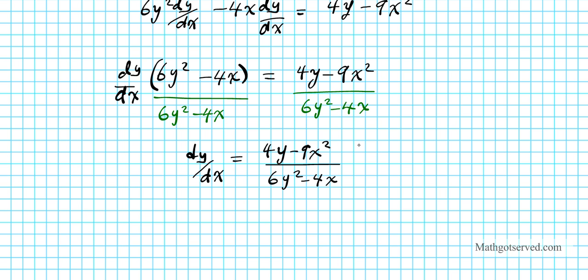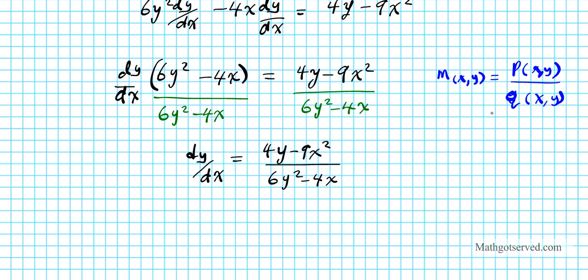Remember we said that if we can find m of x,y expressed as a rational function, p of x,y over q of x,y, then what we have to do is basically set the denominator to 0.